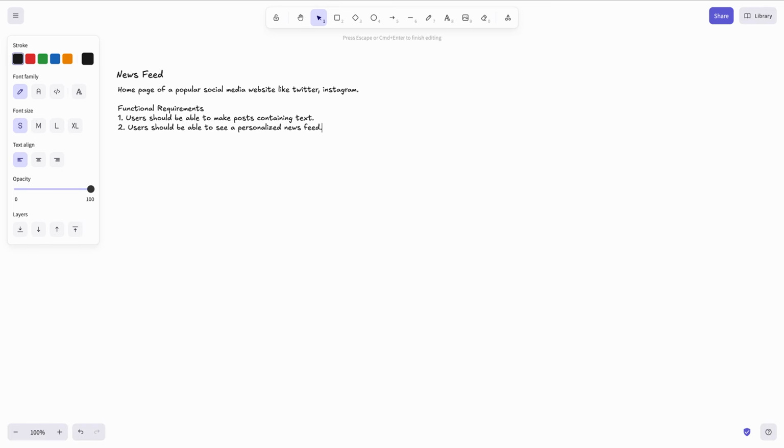When a user logs in, they need to see a unique feed of content. For the scope of this video today, personalized means showing the content from all the users they follow in reverse chronological order, and this is the main feature we are designing for.